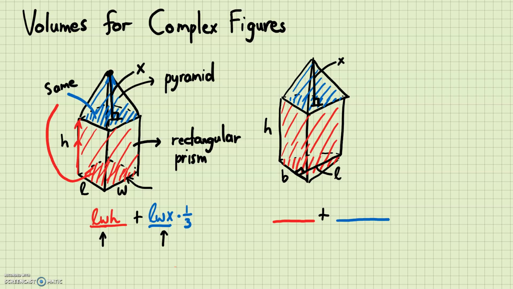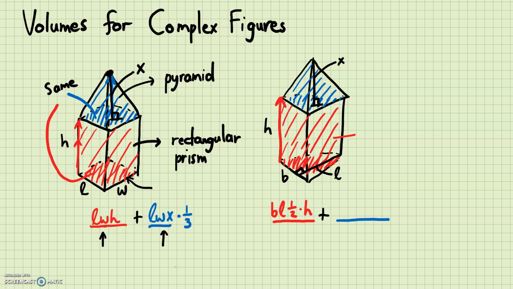Okay, so what's the volume of the triangular prism for this part? That's the area of the base, right here, times the height. Okay, so the area of the base is B times L times 1/2. You multiply that times height to get the volume of that triangular prism.